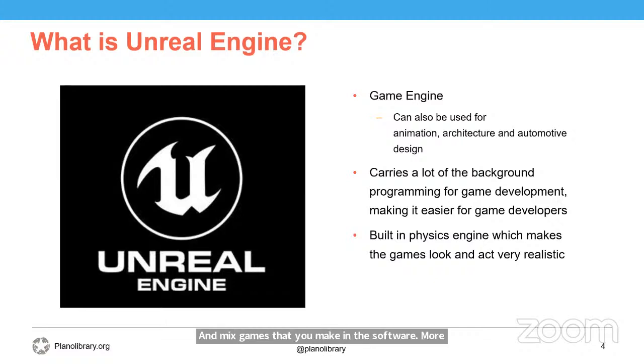A game that you make on a Windows computer without a game engine would require a lot of extra work to run on an Apple computer or a gaming console or a smartphone. So Unreal Engine does a lot of the background work to make that easier to transfer to different platforms, as a lot of the background programming for that development.